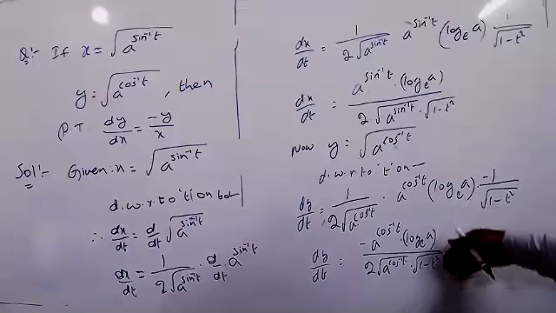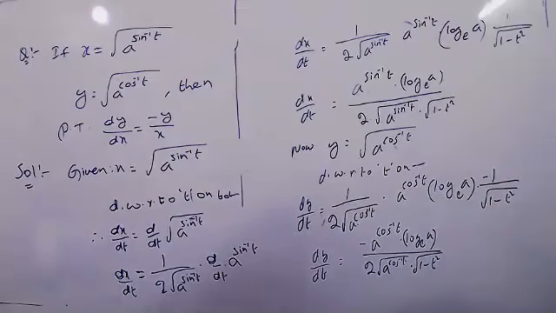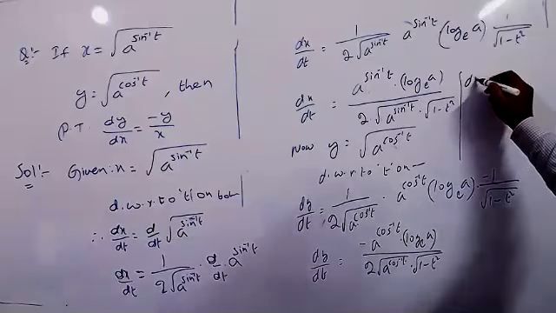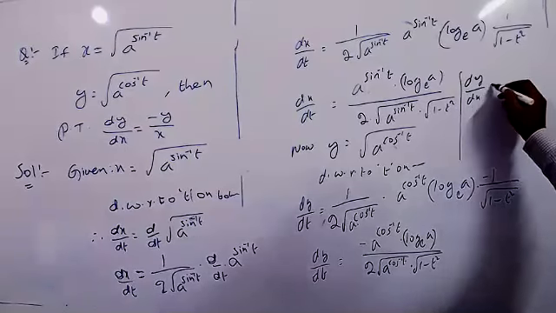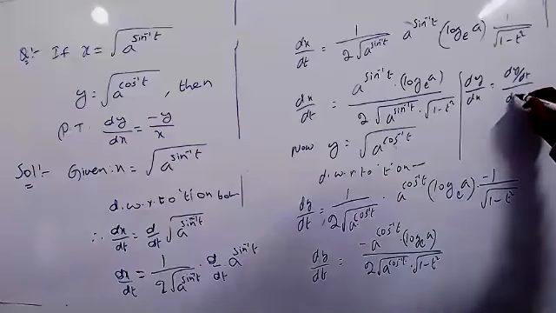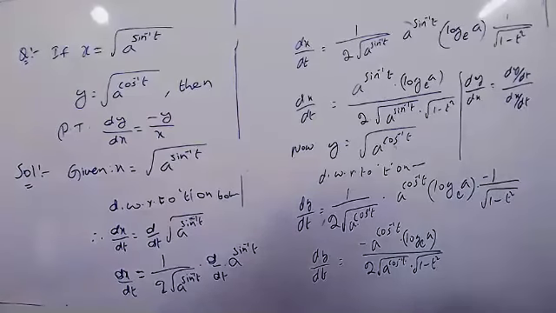Now we can divide this one by this one, because dy by dx is required. We know the formula: dy by dx equals dy by dt whole by dx by dt.